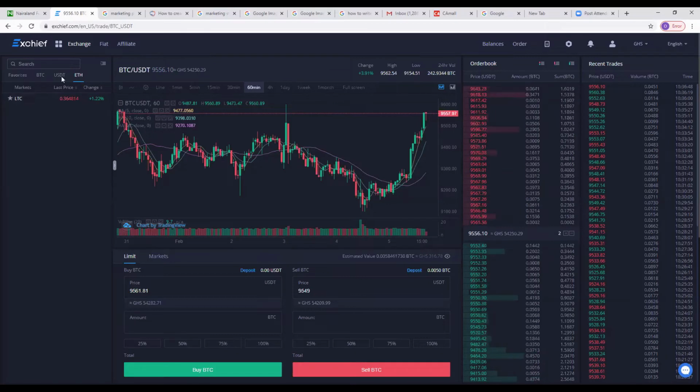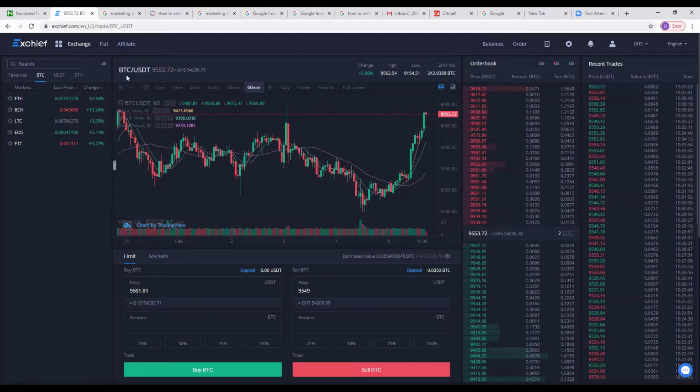These are 3 major coins. Every time you click on each one of them, you realize there are other listed coins beneath that heading, and all it means is that for Bitcoin we have these trade pairs that are pegged against Bitcoin, and they give you the option of trading in them.